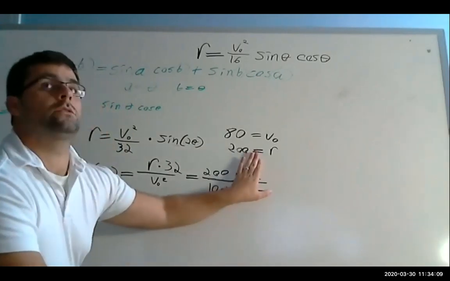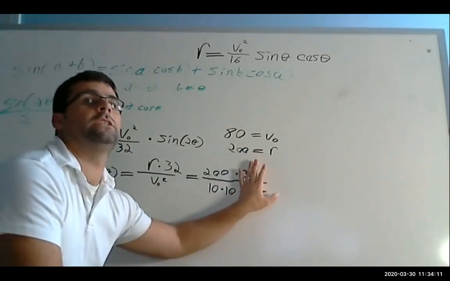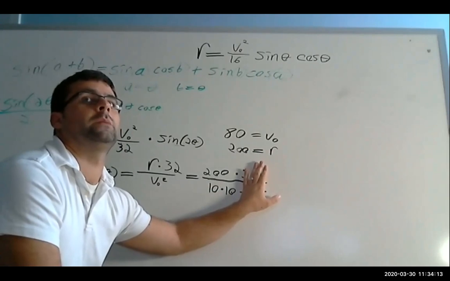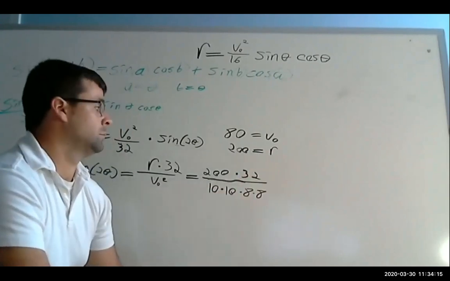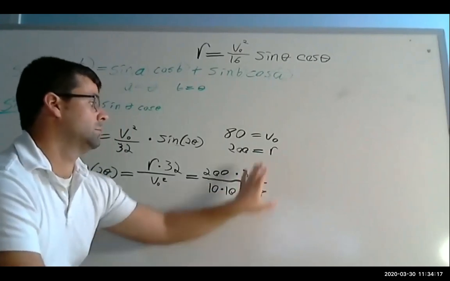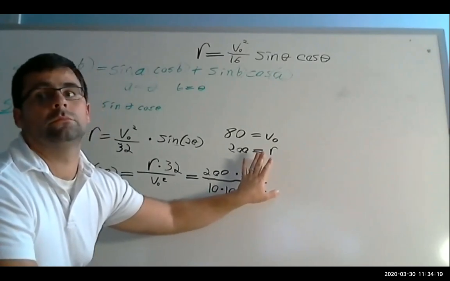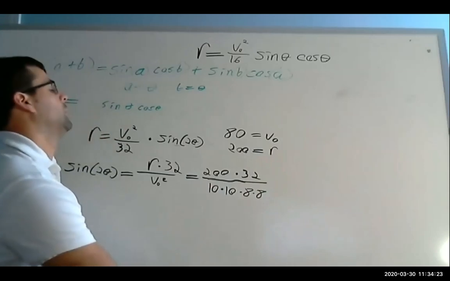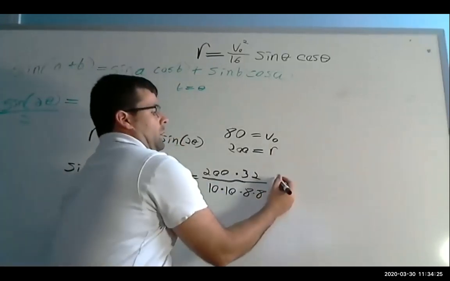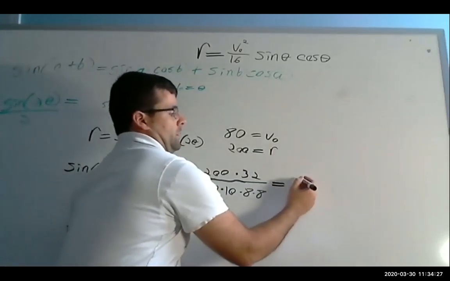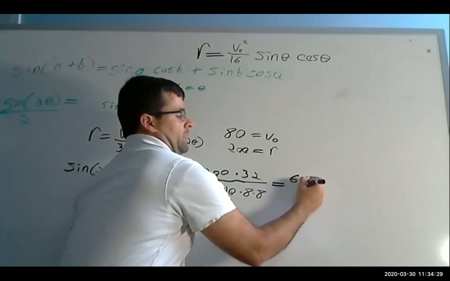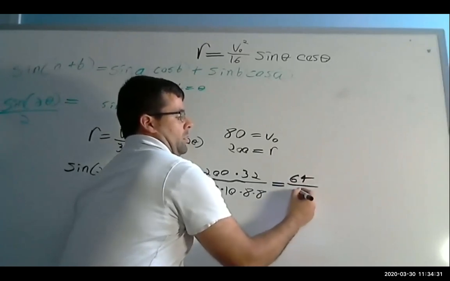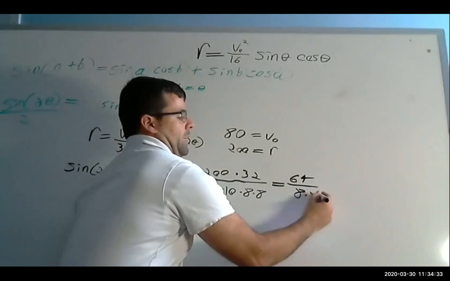So what is 200 divided by 10 times 10? 2. So that equals 64 over 8 times 8.